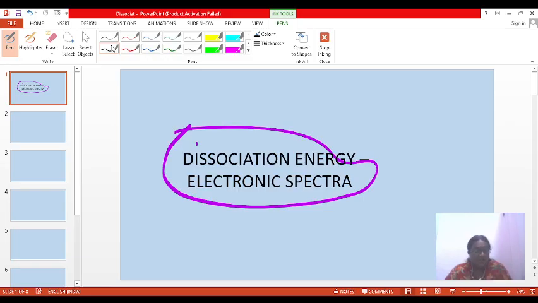In the case of dissociation energy, not only the dissociation energy and the dissociation product, but at the same time pre-dissociation. For this kind of dissociation energy and dissociation product calculation of a diatomic molecule, particularly in electronic spectra, we use the Morse curve process.